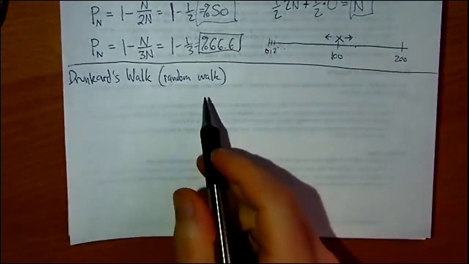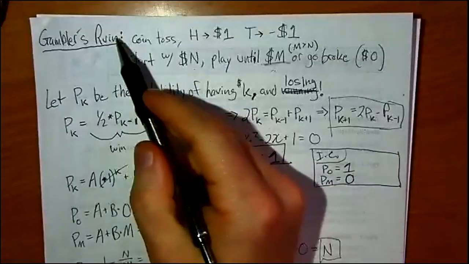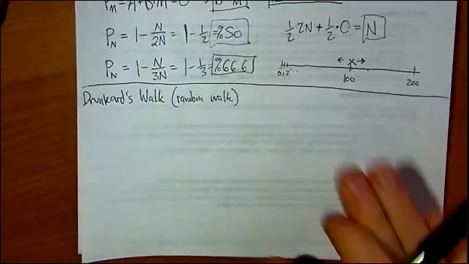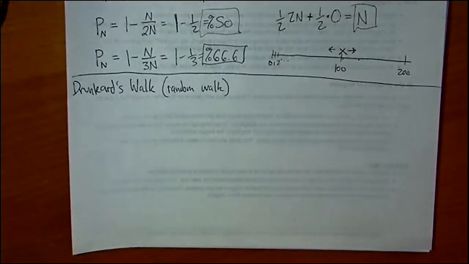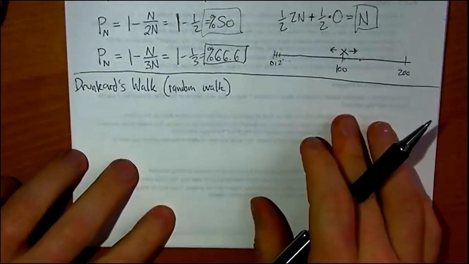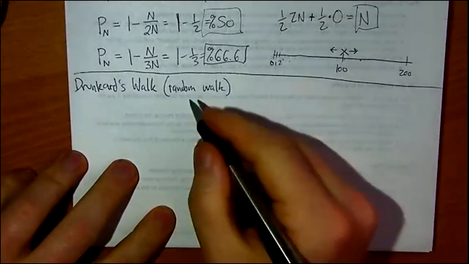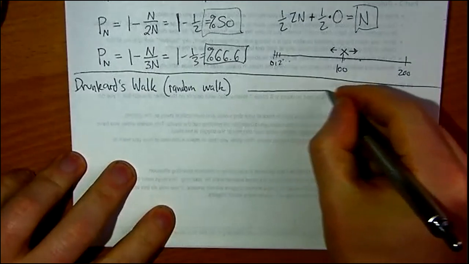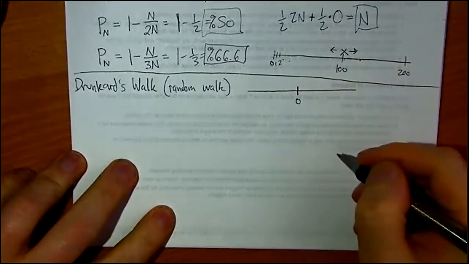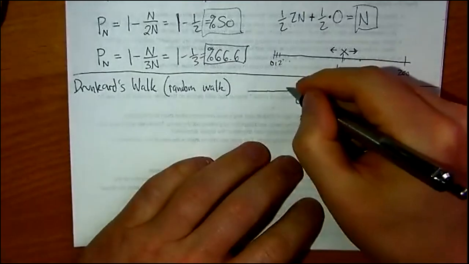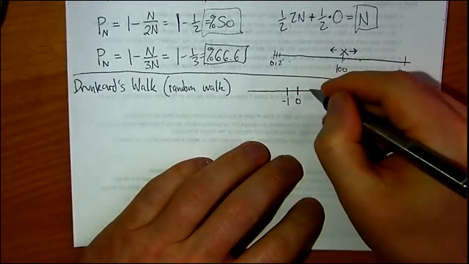After you go to the casino and you get all those free drinks and you lose all your money and you're ruined, after you leave the casino and start to walk home, you take the drunkard's walk. What that means is that you start at some point, for simplicity let's say we start at 0, and you're just as likely to walk to the left as you are to the right.